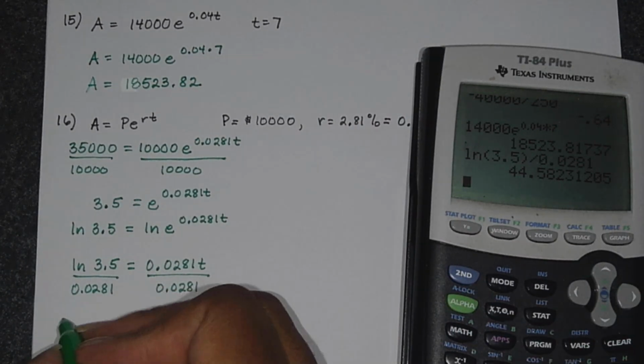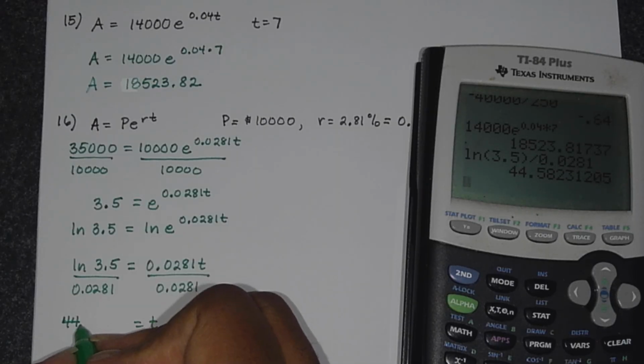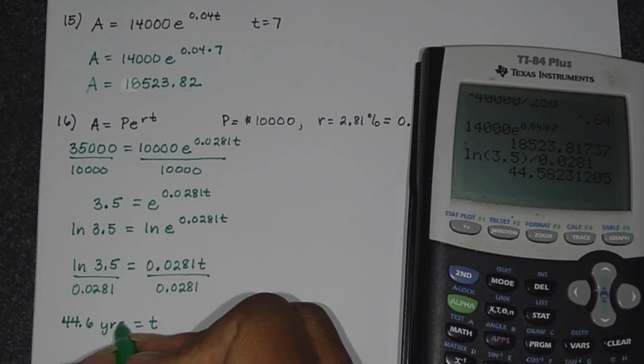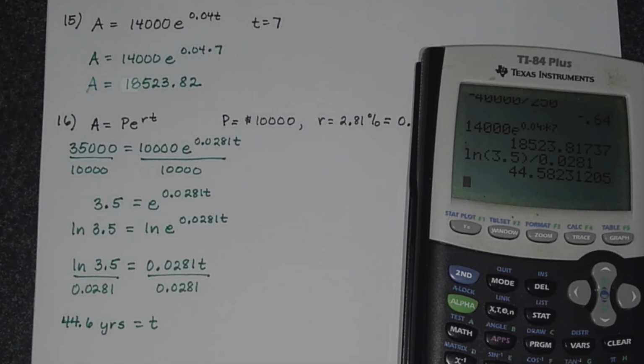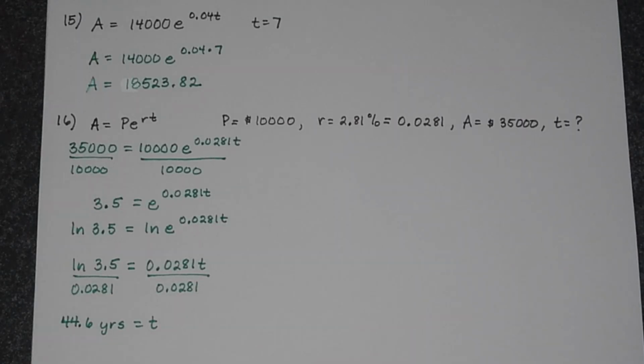Oh my goodness. I'm sorry. So it's going to take approximately 44.6 years for a $10,000 investment to reach $35,000 at 2.81% compounded continuously.